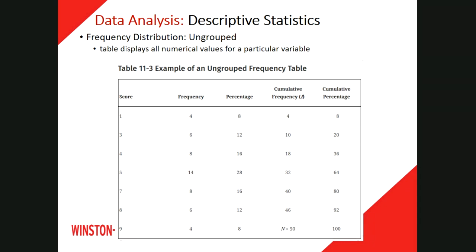And it tells you that 4 people scored a 1, 6 people scored a 3, 8 people scored a 4, and so on and so forth. So you get the frequency and you get the percentage. You also see the cumulative frequency and the cumulative percentage. So it is simply a frequency distribution. You're just giving the numbers of a particular variable.